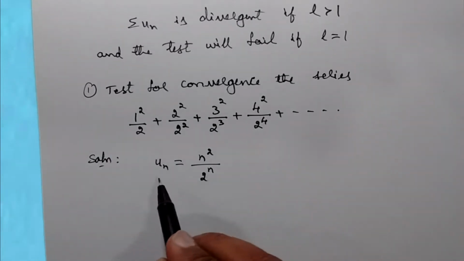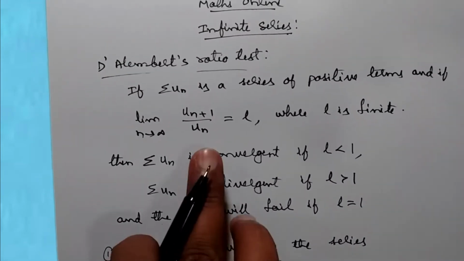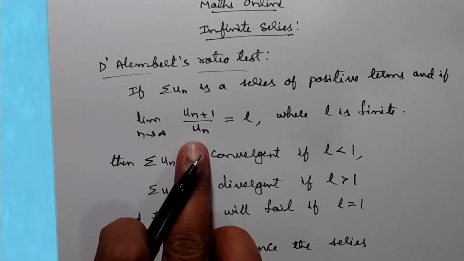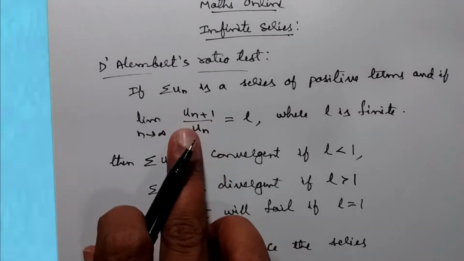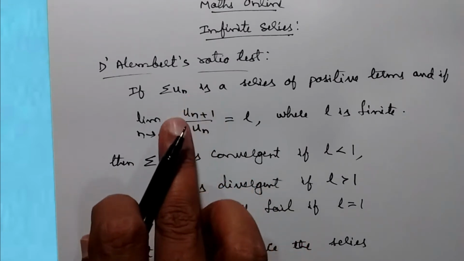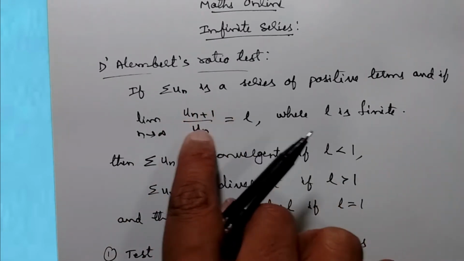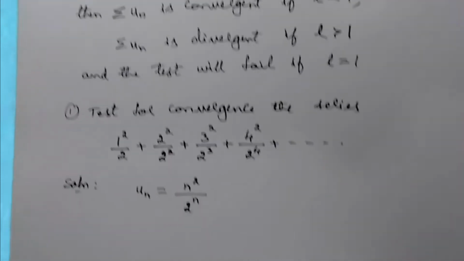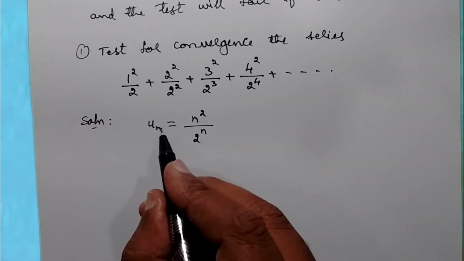So this is the general un term that we have calculated, because you need two terms in the case of the D'Alembert's ratio test. One is the value of un you have to find, another is un plus 1. So you have got un value, now you have to find out un plus 1. So only in the place of n you put n plus 1 to get the value of un plus 1. So here I'll replace this value of n by n plus 1.